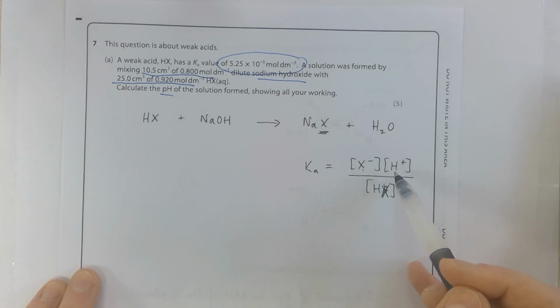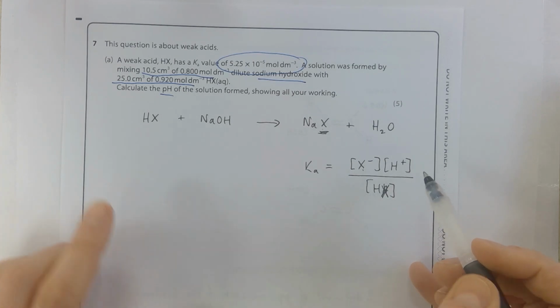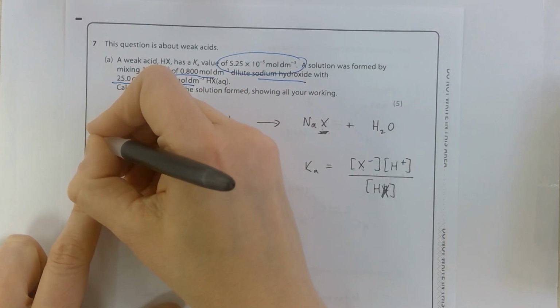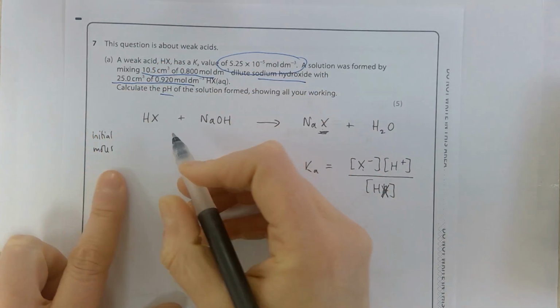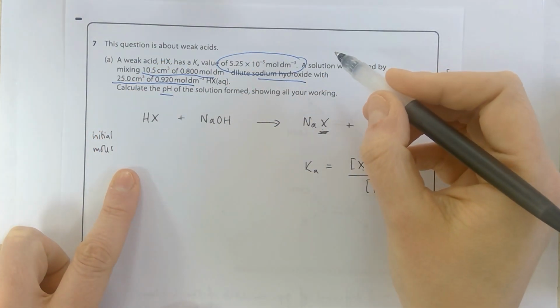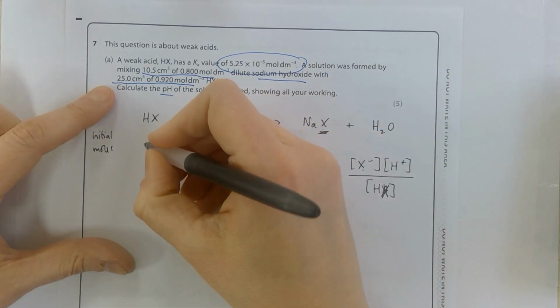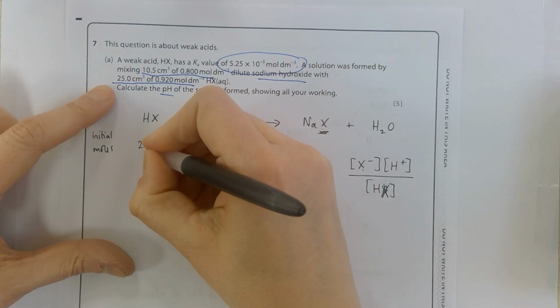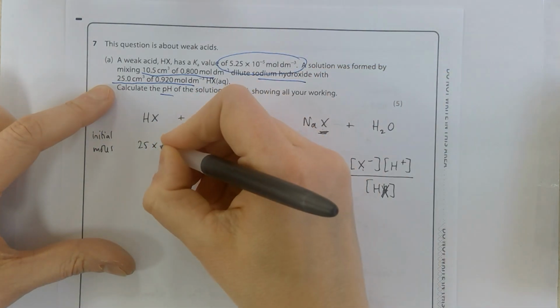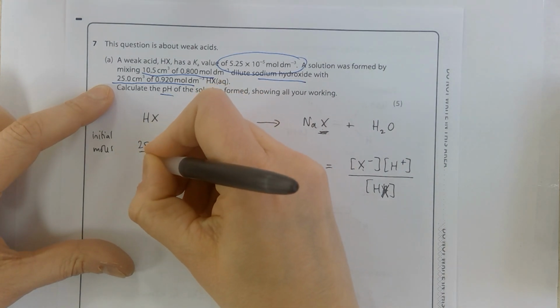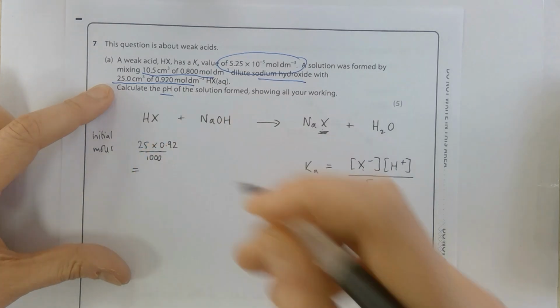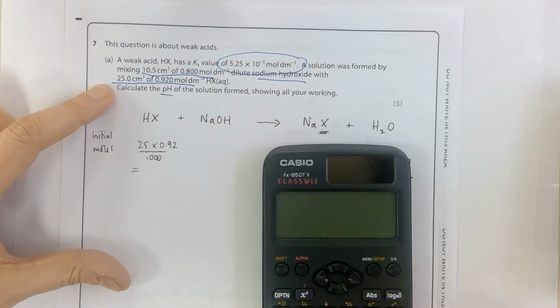So I'll find that and then use pH equals minus log to the base 10 of the concentration of H plus. So I would set this up with initial moles and think about what's going on. So HX, we have got 25 centimeters cubed times 0.92, and I'll use my conversion factor to get the moles.